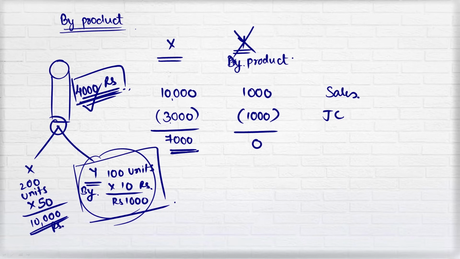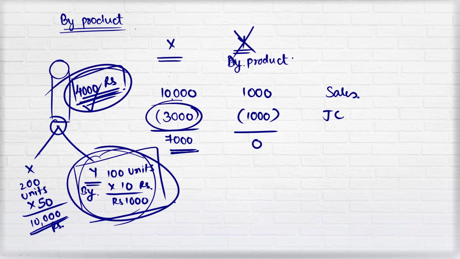And it would be direct cost, which is 4,000 rupees, and my profit would be 6,000. So how to account for byproduct? Number one is, sales value is reduced from cost. The sales value 1,000 rupees is reduced from cost of 4,000, and joint cost allocable to X will be only 3,000. There is some deviation in this also.